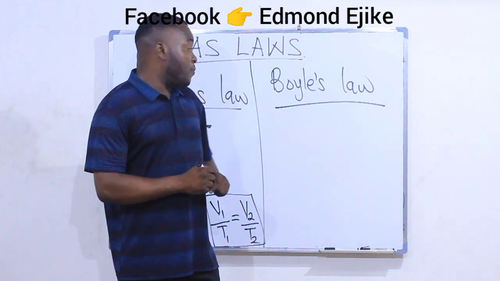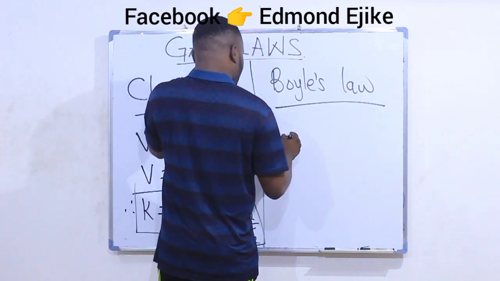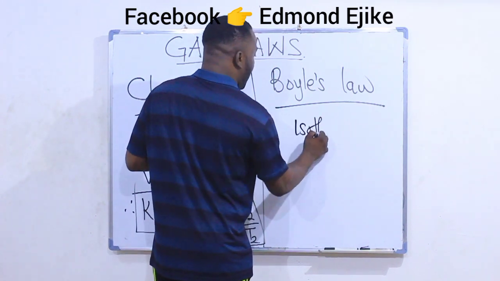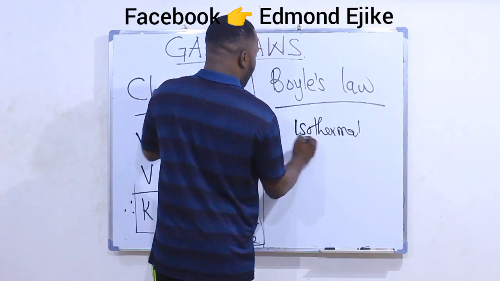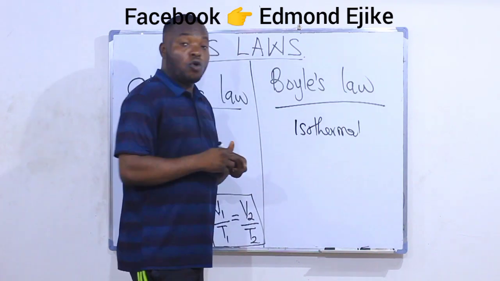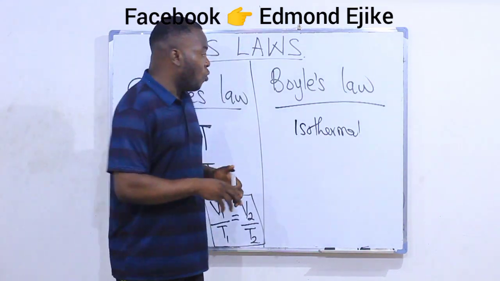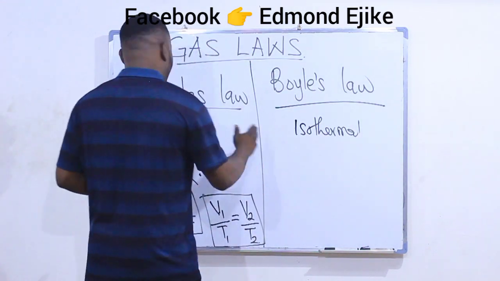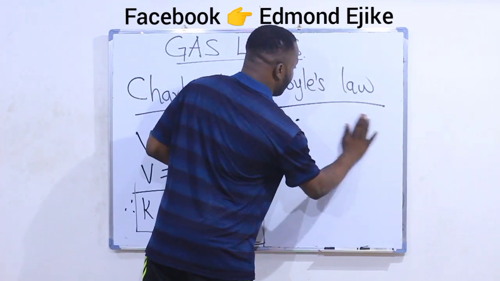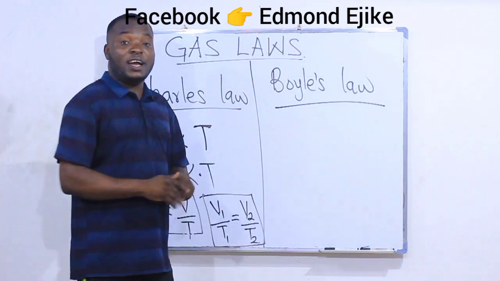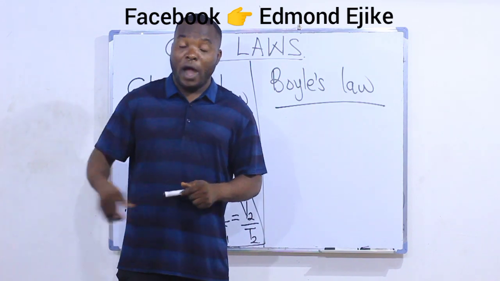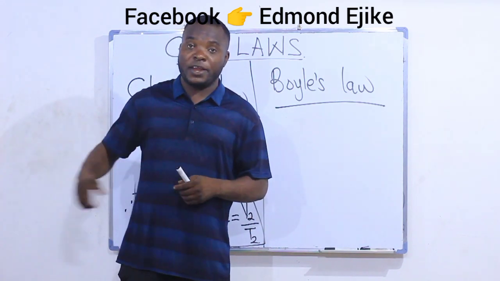When temperature is kept constant, such a process is called isothermal condition. Isothermal means constant temperature. So, Boyle's law is stated under isothermal condition, while Charles' law is stated under isobaric condition.